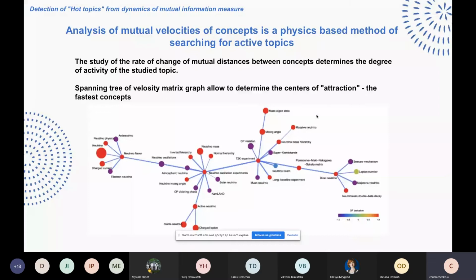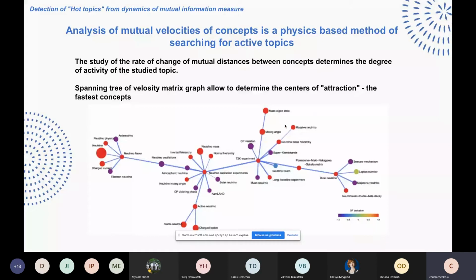So what we did here, we say we can calculate such a velocity matrix, and using the spanning tree algorithm to detect those concepts that get closer to each other. And we find such interesting stars of concepts which are getting closer for the past year. So it's just one year information.